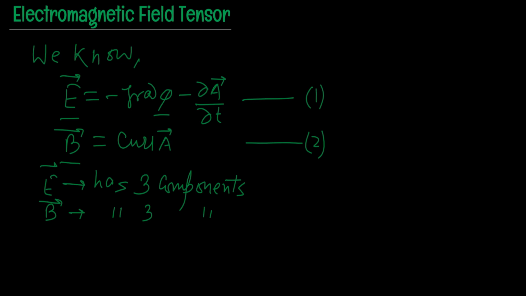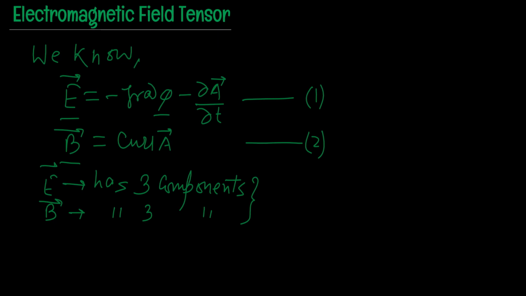Taking account of the 3 components of these vectors as a whole, there will be 6 components, and taking these 6 components of these 2 vectors, we will develop the antisymmetric tensor of rank 2, and that very antisymmetric tensor of rank 2 is in fact the electromagnetic field tensor.